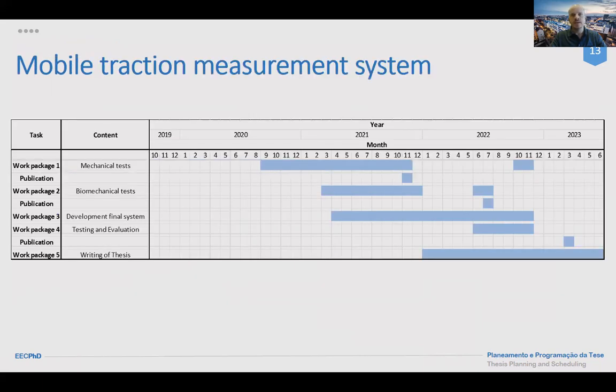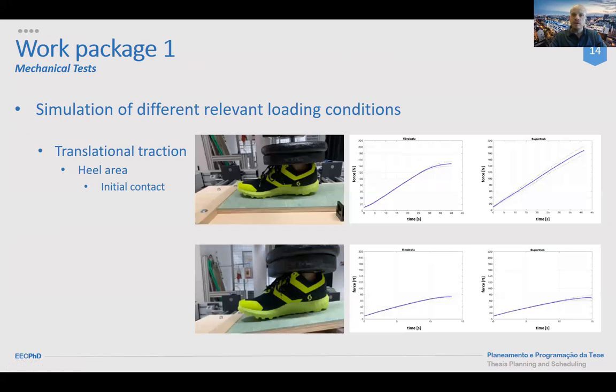Here you can see the overall schedule with the missing first year. It's not really a whole year, but missing the first year, which was about curriculum and the first PhD topic. I already carried out first mechanical tests on our test benches at the University of Applied Science.